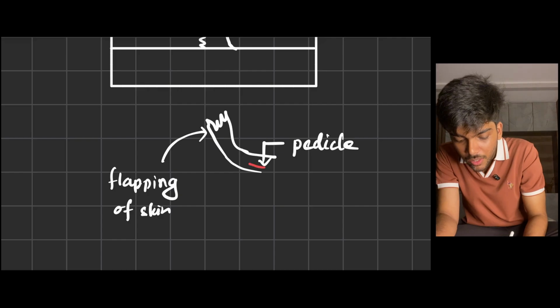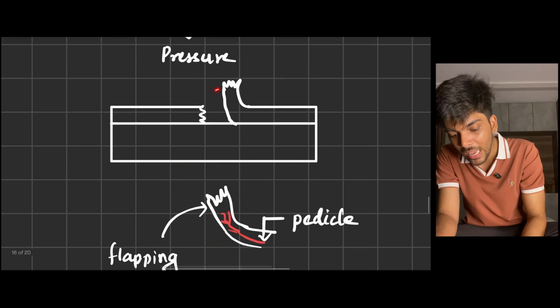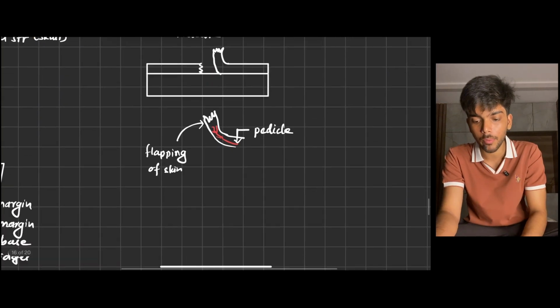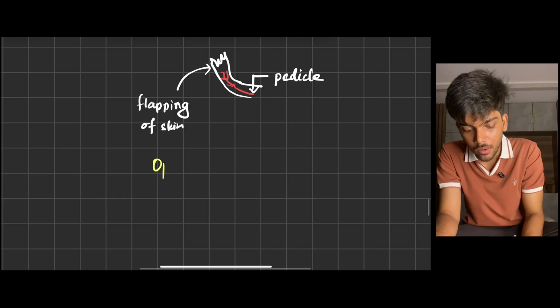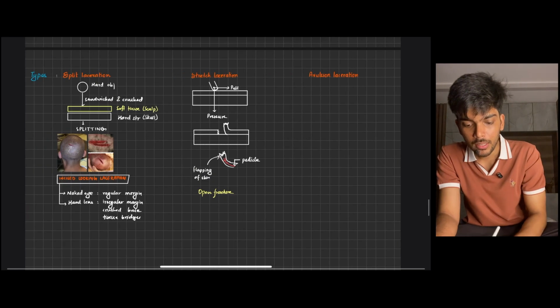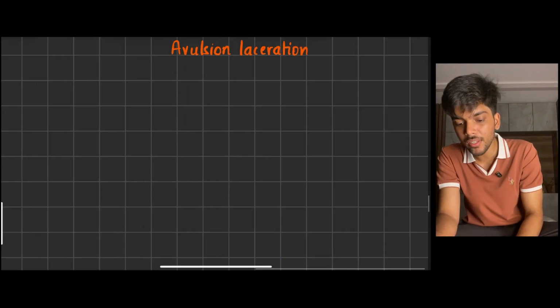The blood vessel or the vasculature of the skin is preserved, so this flap can be resutured back to its original position without any problem. And this is seen in open fractures. That's stretch laceration.